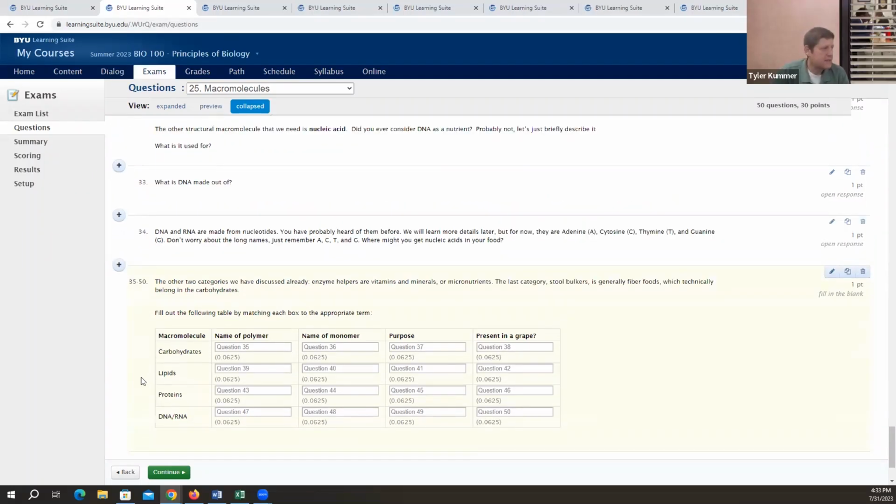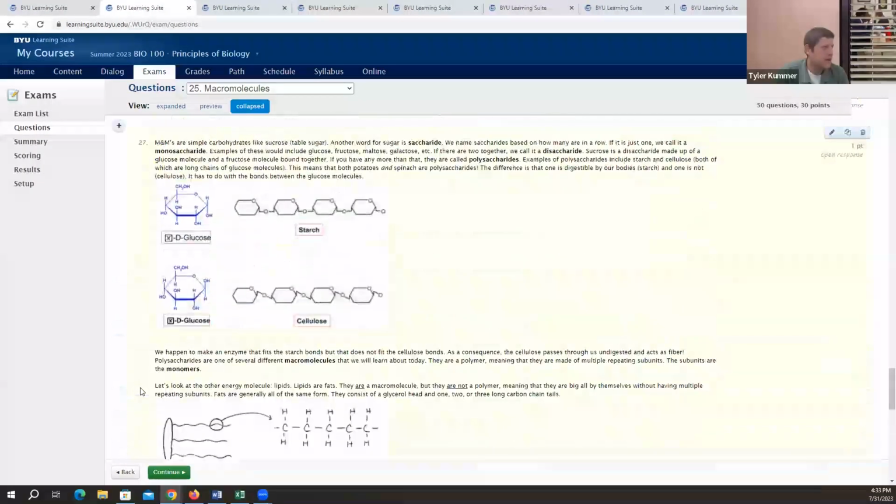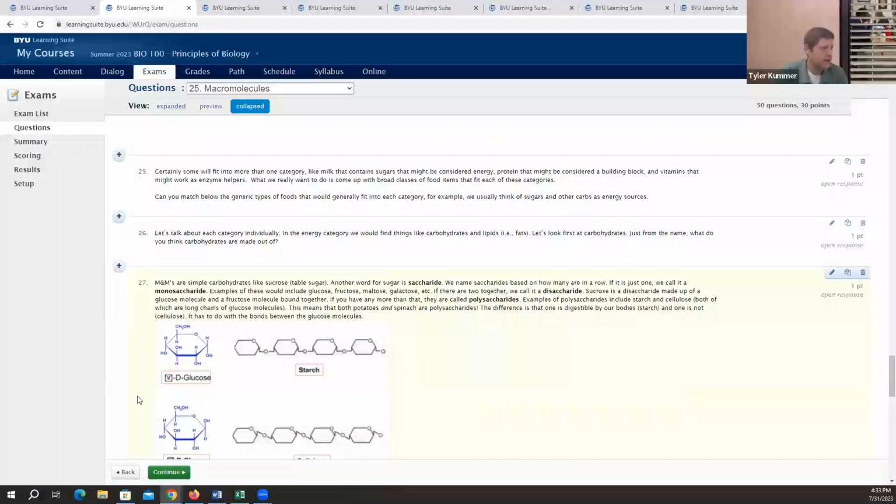The next class of macromolecule is called a carbohydrate. Carbohydrates are sugars. They're called carbohydrates because there's a bunch of carbons. Each angle on this little ring here represents a carbon, unless otherwise noted, like there's an oxygen there.